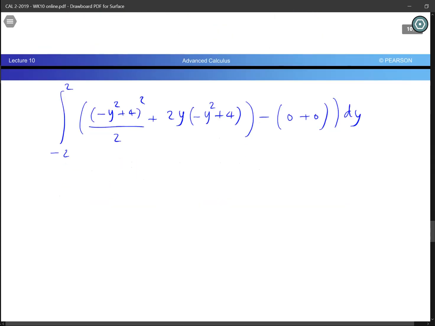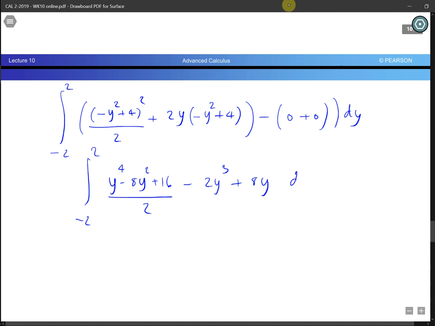Alright, we continue from this. So here we have y to the 4th minus 8y squared plus 16 divided by 2 minus 2y cubed plus 8y. Alright, and we integrate this with respect to y from minus 2 to 2.